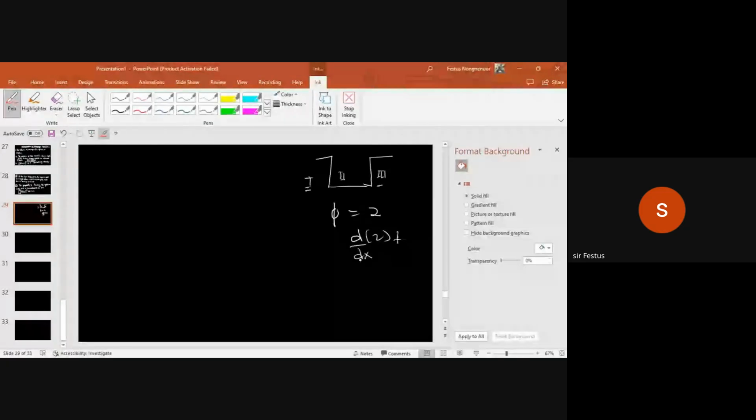So 0 plus 0 plus 0 will give you 0. But in the case that phi is defined in terms of x, for example, an expression like 2x plus 3, then when you differentiate it with respect to x, that one will not give you zero. But when you do the second differential, you will get 0 too.